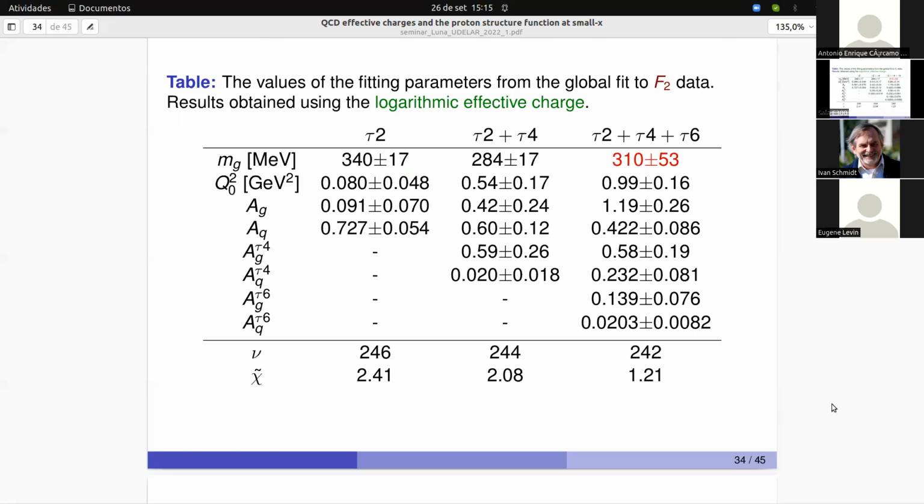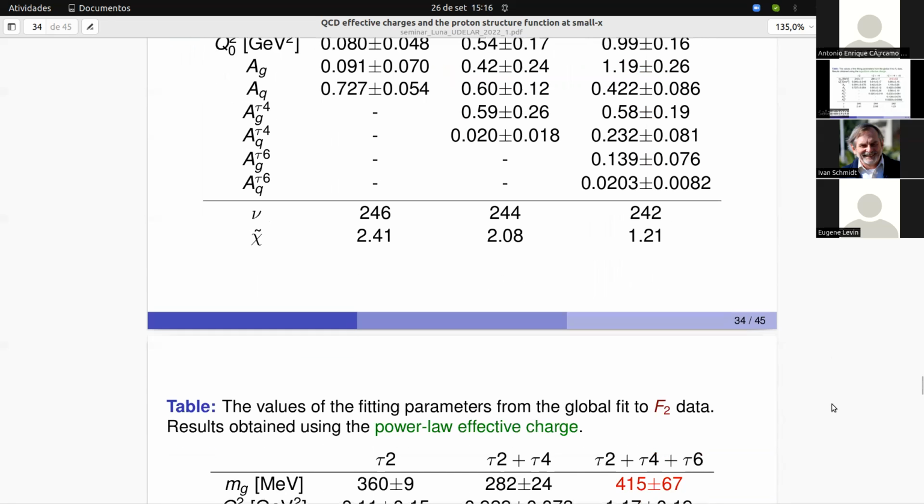We call attention to the fact that usually the scale of the dynamical mass is an input in many approaches, in many papers that use this idea of dynamical gluon mass. Here, for the first time, the scale of the dynamical mass is not an input but an output of our approach.